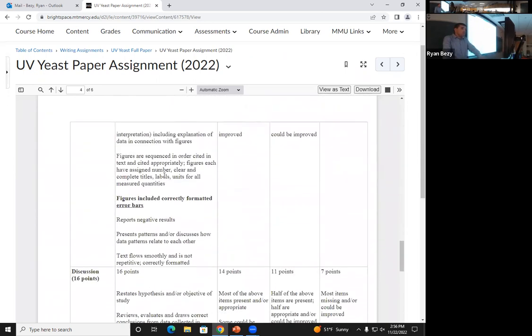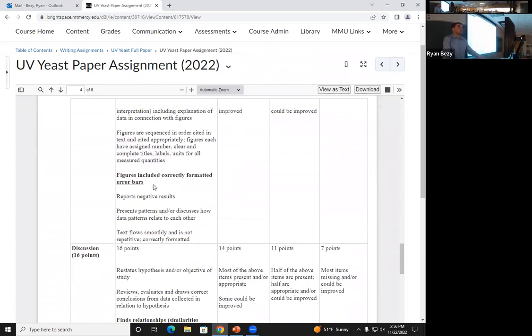You should have figure bars. Those figures that you generate should have error bars on them, the same as your second statistics assignment. So there are specifically points built into this paper to have correctly formatted and added error bars to each one of your three figures.